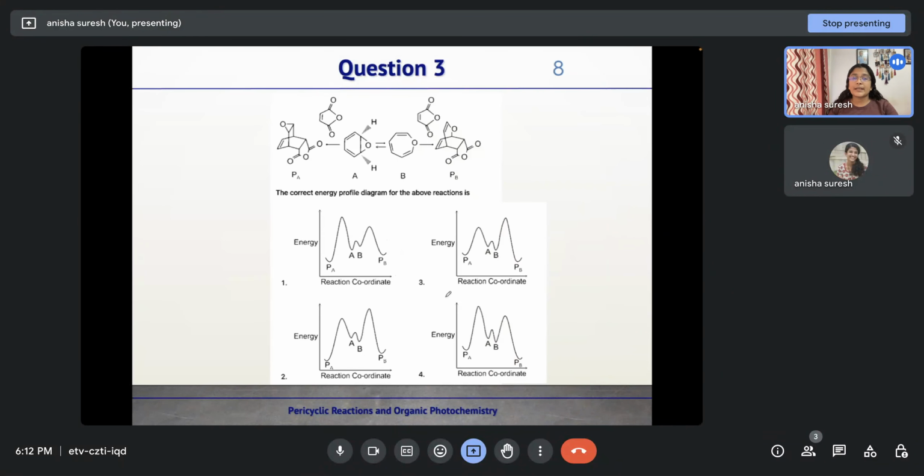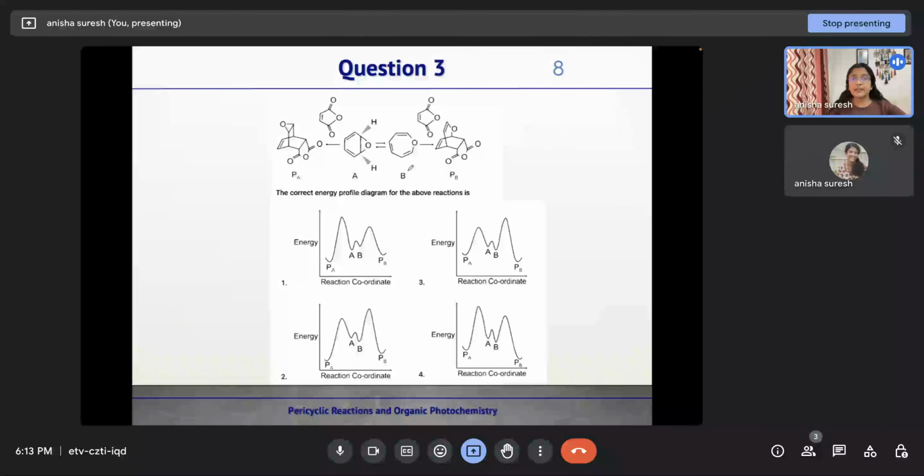Now coming to question number 3. So we are having a 7-membered system having an oxygen. So this is a 4n plus 2 electron system. So it can undergo electrocyclization reaction leading to formation of this compound A. So 1, 2, 3, 4, 5, 6: a 6-membered ring attached to an epoxide.